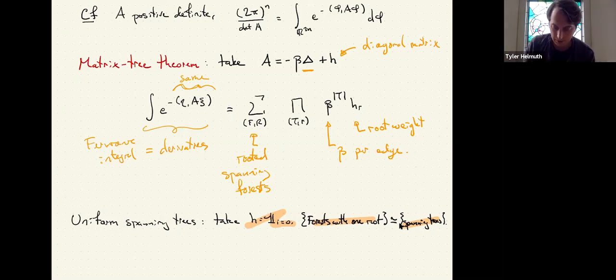And it's important to realize that rooted spanning forests and spanning forests, like the arboreal gas, are very different. Because if you wanted to get a measure just on spanning forests from the rooted spanning forests, you would have to sum over all the possible roots, and this would introduce an additional weight per tree.